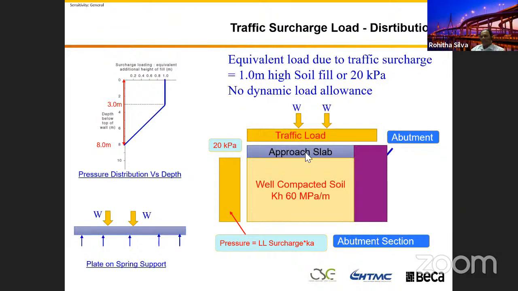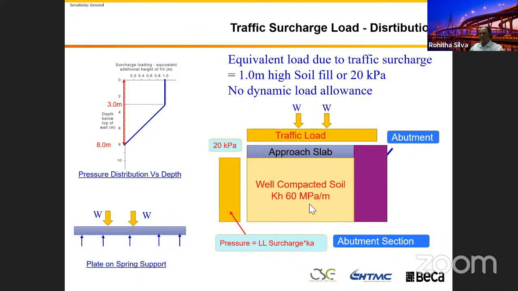So if you want, you can model a plate sitting on a spring. I'll just give you this number: for well compacted soil, the subgrade modulus is about 60 MPa per meter, or 60,000 kilonewtons per cubic meter. Or you can ask one of your geotechnical engineers to give you that value.